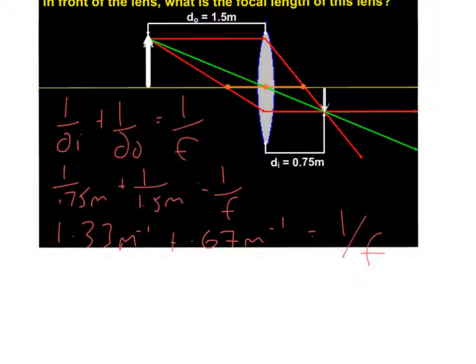Now I just simplify. I add my 1.33 to my 0.67, and I get 2.00 inverse meters is equal to 1 over f.